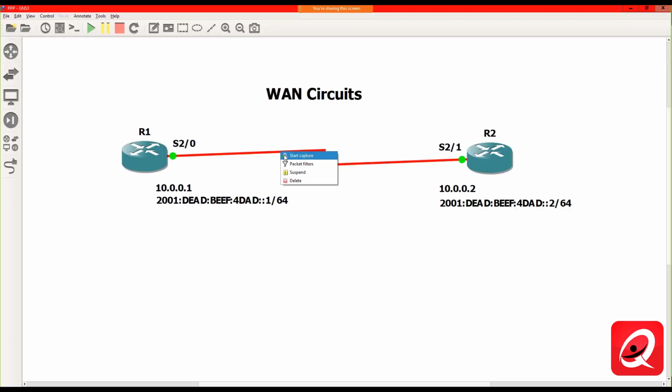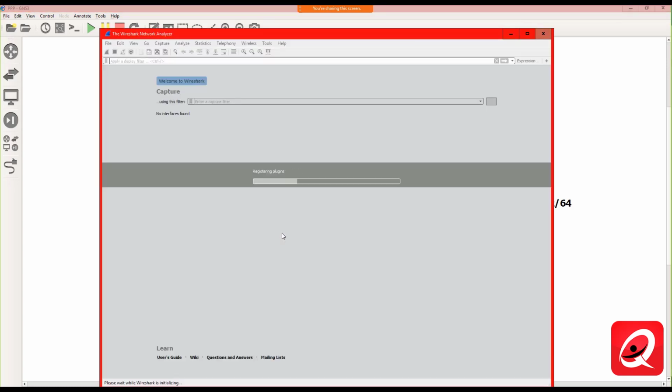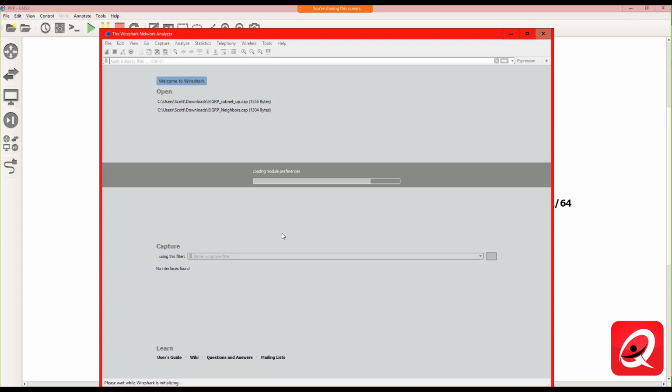Now I should be able to, in this case, hopefully see, it could just be an issue with Wireshark capturing communication across a serial link, but let's see if it works with PPP. All right. I think this is more of an issue with how Wireshark integrates with GNS3 as opposed to a GNS3 issue natively, but we'll give it a shot.